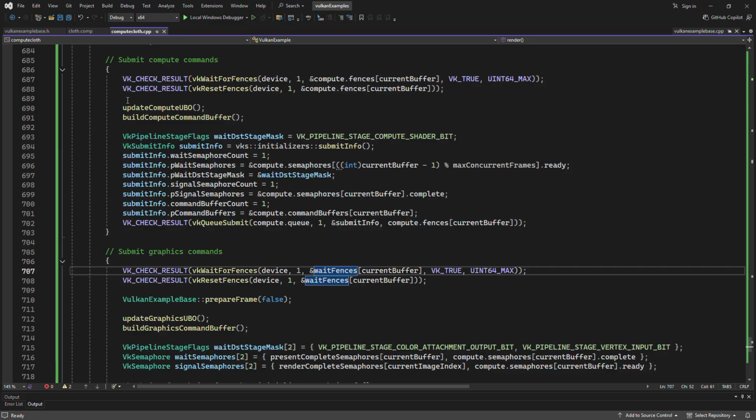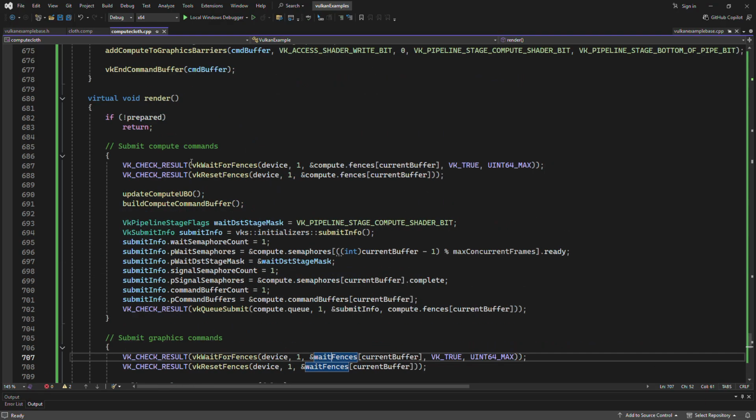So initially, I guess this is in a ready state. So we do vkWaitForFences. Then compute.fence might be in a signal state. So a signal state means that the process is done.